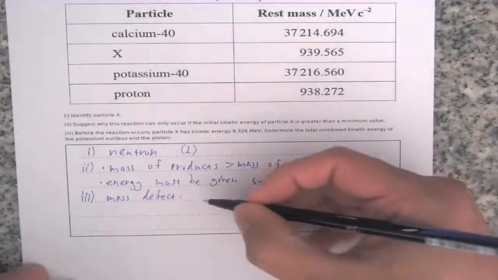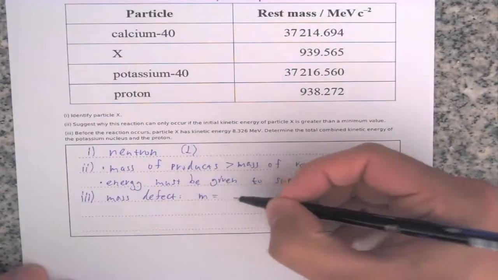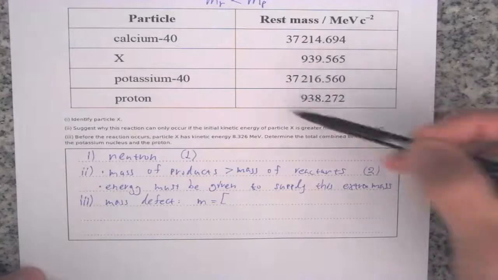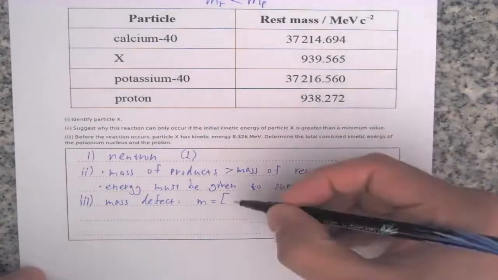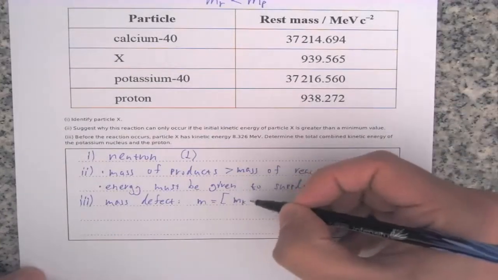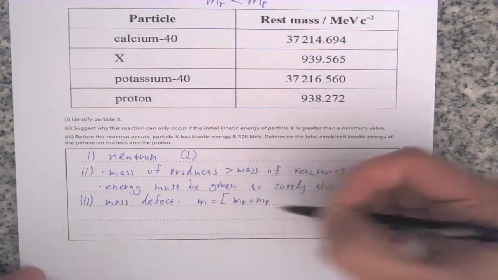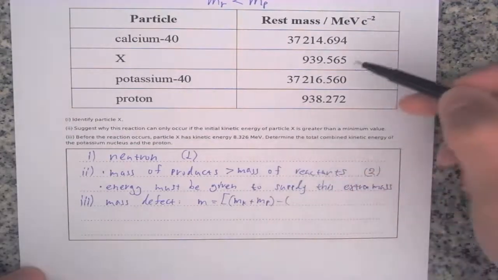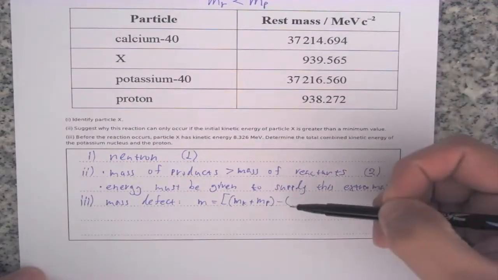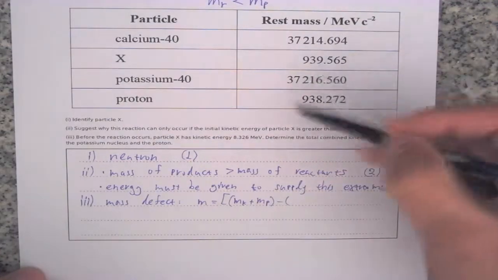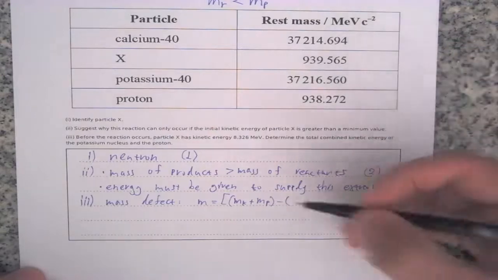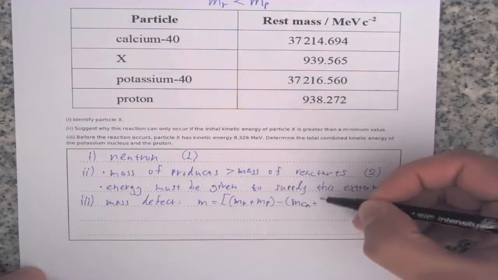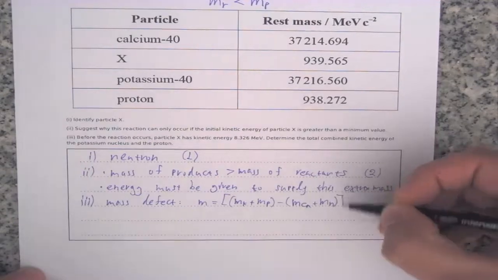We need to see the difference in masses. The mass defect will be equal to the combined mass of the products, so the mass of potassium plus the mass of the proton, minus the mass of the reactants. Sorry, before I think I said reactants. It is the mass of the products minus the mass of the reactants, so you have the mass of the calcium plus the mass of the neutron. Now you have every number here.